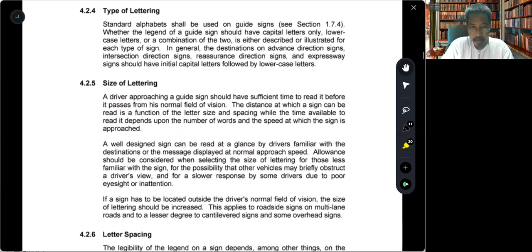If a sign has to be located outside the driver's normal field of vision, the size of lettering should be increased. This applies to roadside signs on multi-lane roads and, to a lesser degree, to cantilevered signs and some overhead signs.